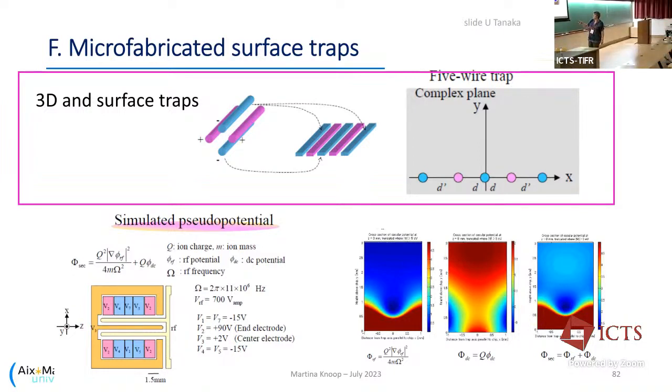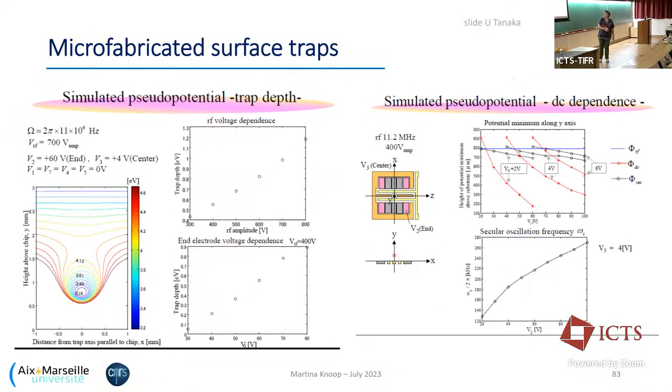In particular, as I told you, in the Paul trap you have this harmonic potential. And here you have potentials which are more or less harmonic, at least in the center of this trap. Of course, parameters are different.